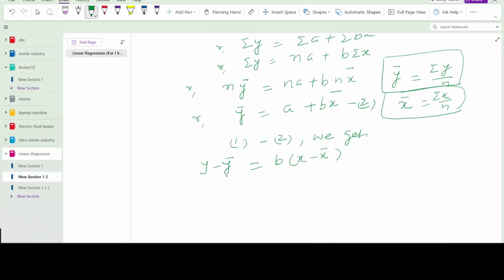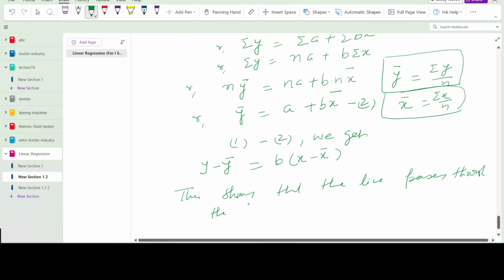What does this show? This shows that the line passes through the point x bar, y bar.